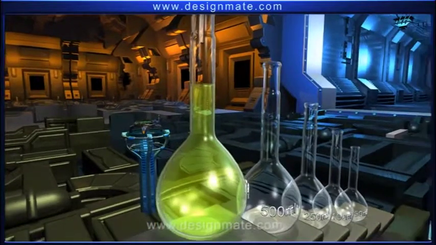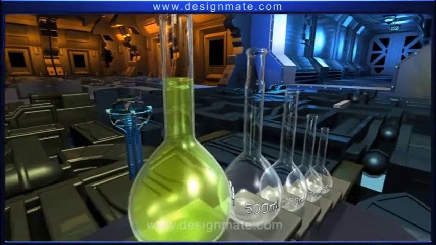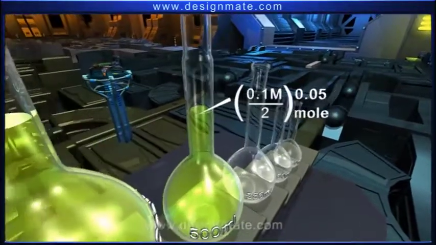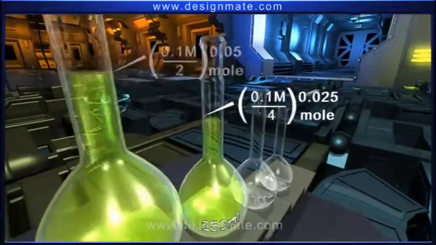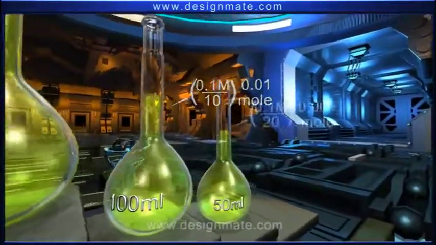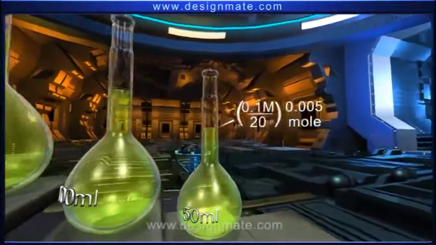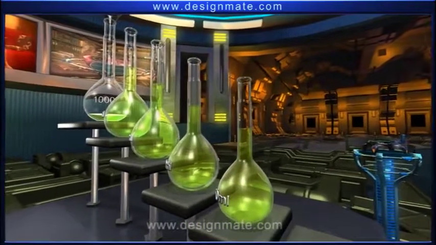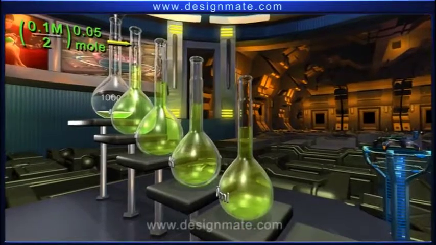Now let's transfer the solution to 4 other standard flasks with different capacities. This means we are transferring 0.05 moles, 0.025, 0.01, and 0.005 moles of NiCl2·6H2O to the respective flasks.